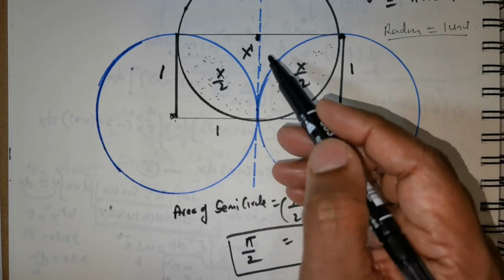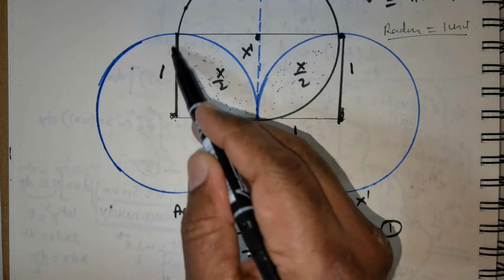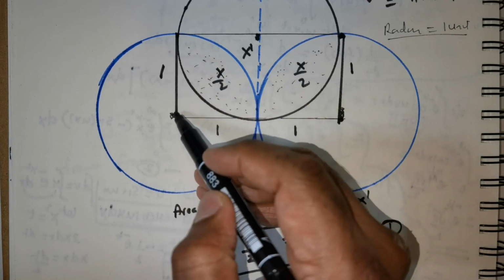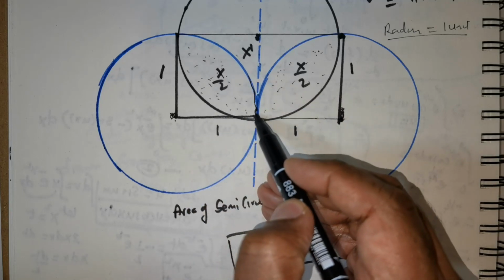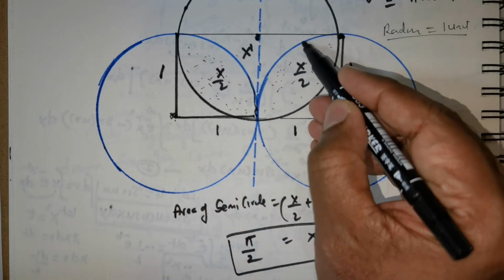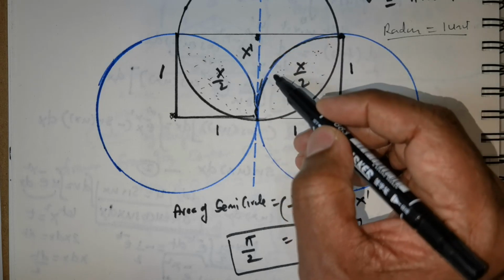Now what I wish to bring to your attention is, if you were to consider this pi, or this quarter, you see that this is actually a quarter, right? And you've got another quarter, there is another quarter. Now this is x dash.